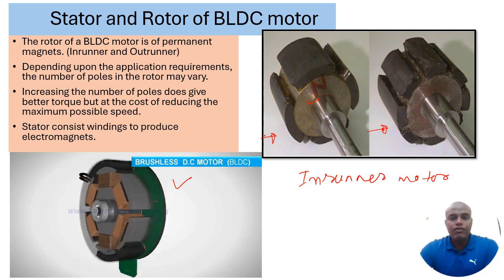We have one more type of BLDC motor, which is the axial motor, where the stator and the rotor are both arranged axially. But the most widely used BLDC motors are the in-runner and the outrunner motor. Both motors find applications in two-wheelers, three-wheelers, as well as 3D aircraft or drones.